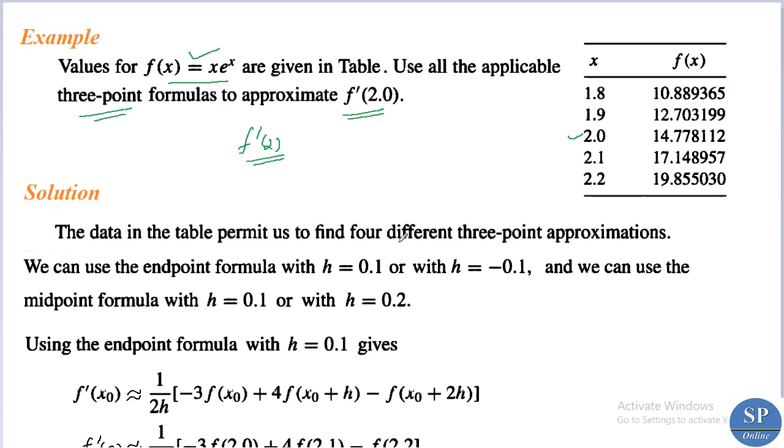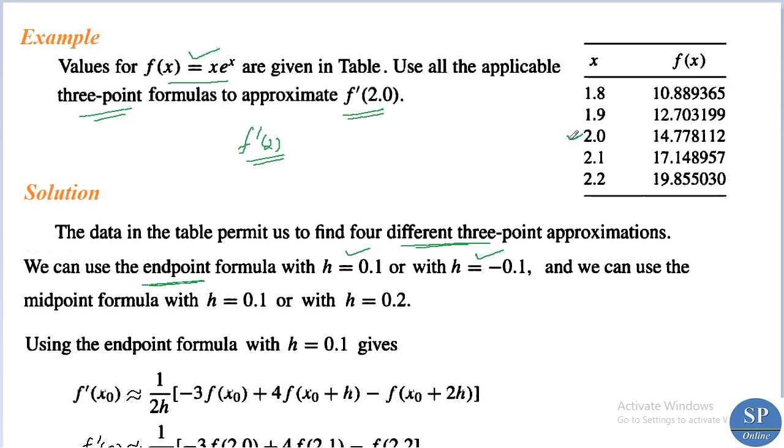So here we can use four different 3-point approximations. First, we can use the endpoint formula with h equal to 0.1 or h equal to minus 0.1, because we have to find the approximate value of the derivative at this point 2.